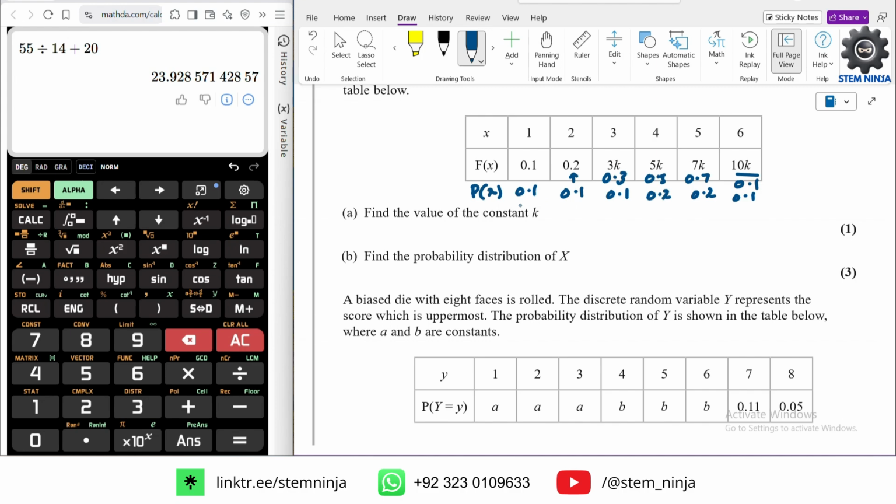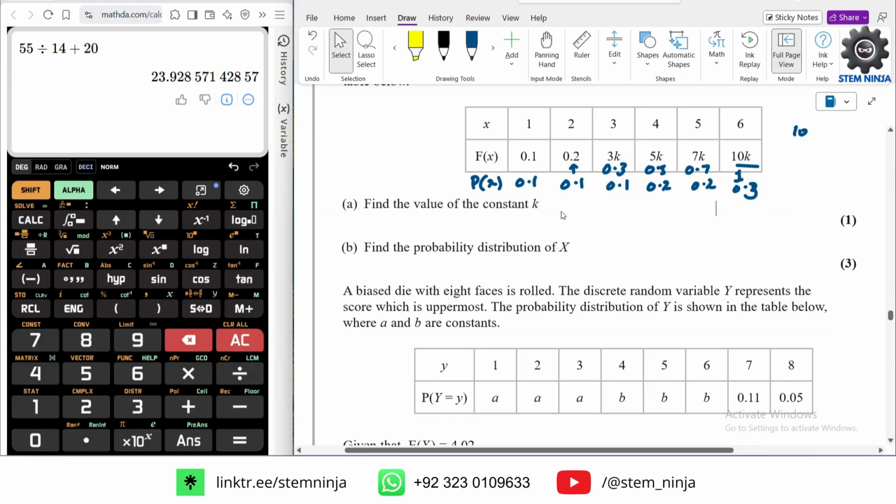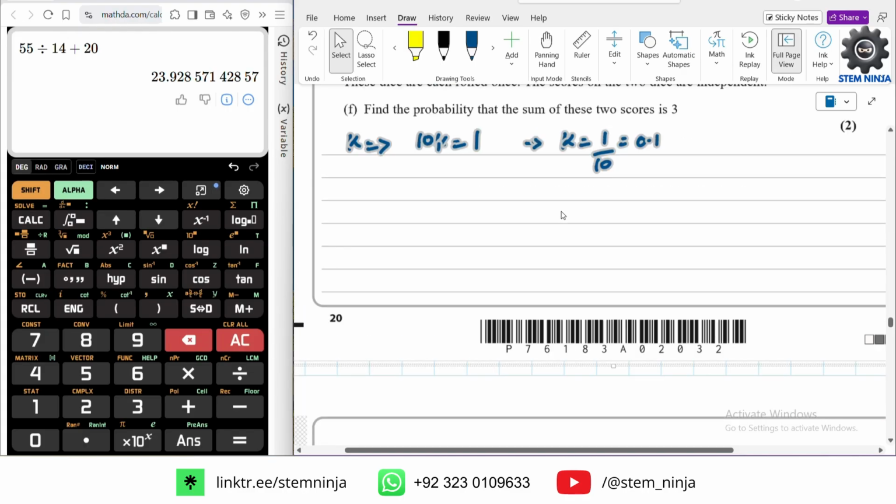So if you sum all of them, no, wait, this is supposed to be 0.3, my bad, sorry, this is supposed to be 1, my bad, right, okay, so the probability distribution of x, we need to make a table.